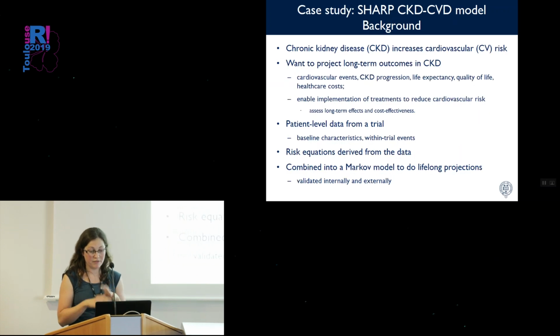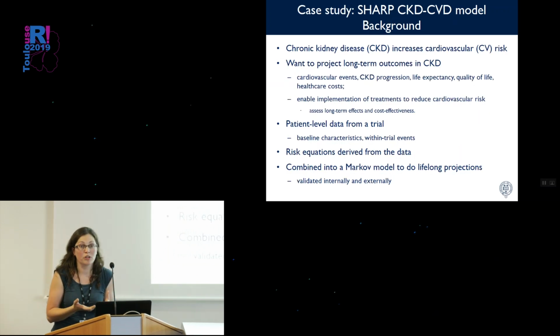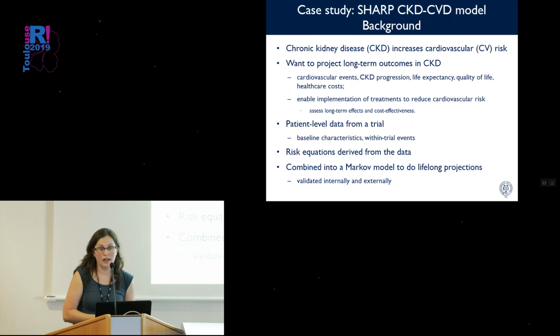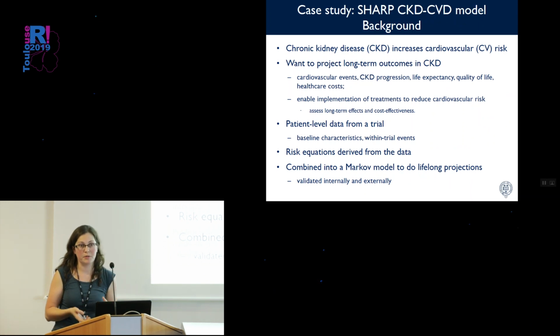But just before that, I'll very briefly describe what our model actually does so that we know what we're doing. It's a model in chronic kidney disease. It's a fairly common disease, particularly in the elderly population, and it's a progressive disease, but it also increases cardiovascular risk. So we wanted to project long-term outcomes in patients with kidney disease.